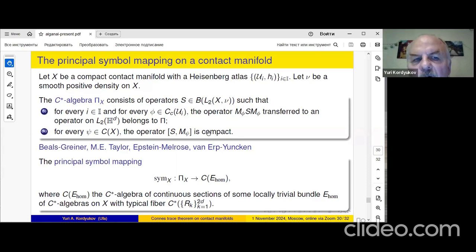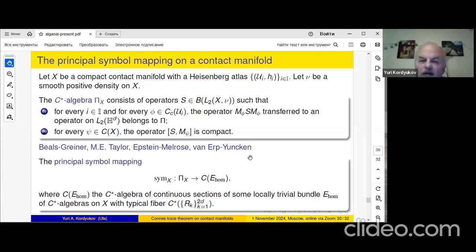compact operators, nothing more. And there are many approaches to pseudo-differential calculus on contact manifolds. Here are some names: classical ones by Beals and Greiner and Michael Taylor, then Epstein and Melrose, some more approaches, and a recent approach by Van Erp and Yuncken based on groupoids.